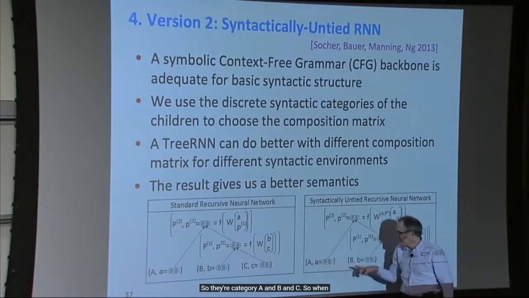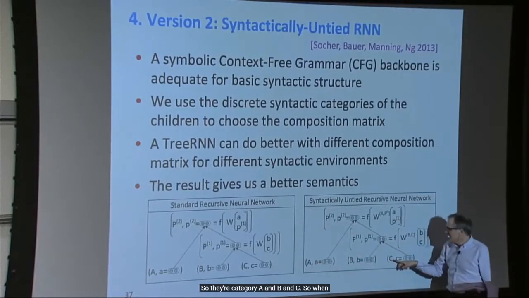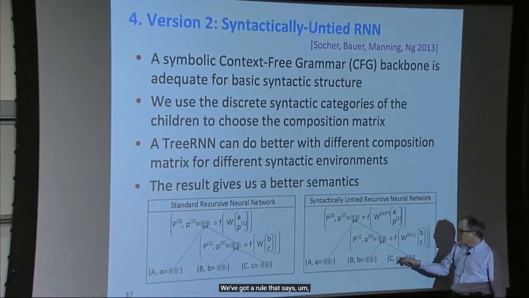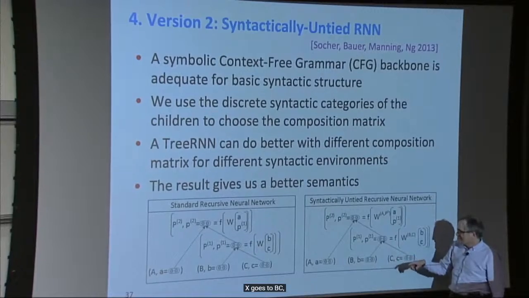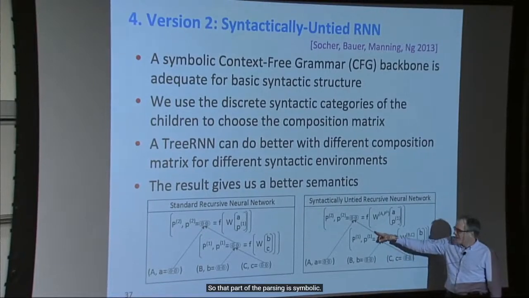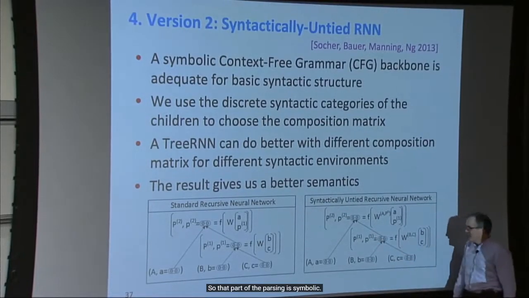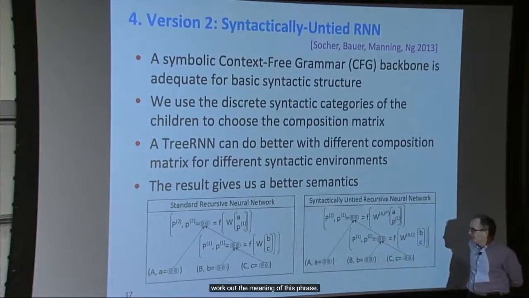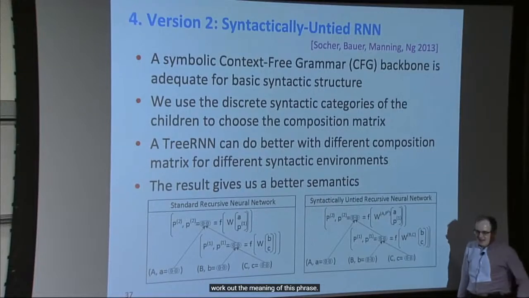So there are categories A and B and C. When we put things together, we'll be able to say, okay, we've got a rule that says X goes to BC. So that licenses this node here. So that part of the parsing is symbolic. Then we want to work out the meaning of this phrase.